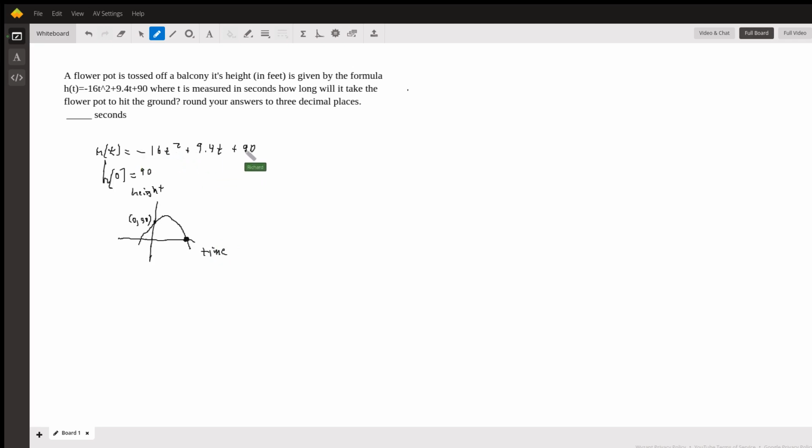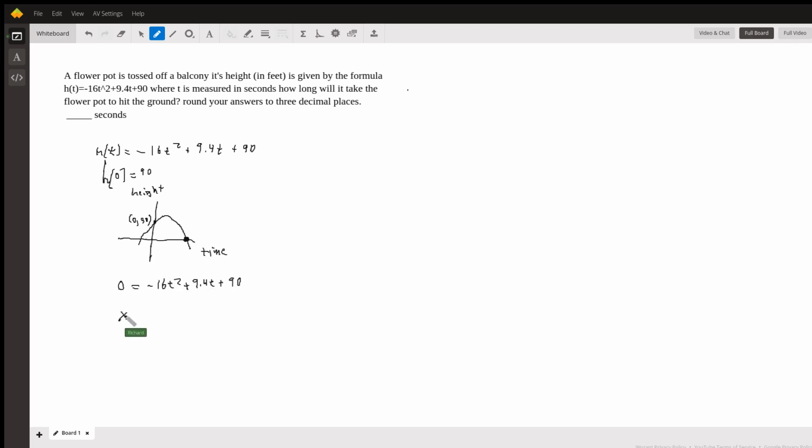Now, if we were to do this by hand, we would just say 0 equals negative 16 t squared plus 9.4 t plus 90, and then we would use the quadratic formula to find t.